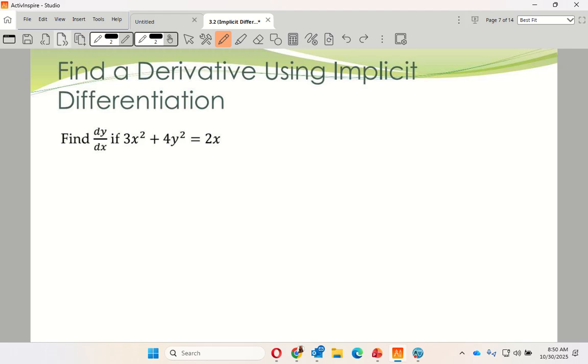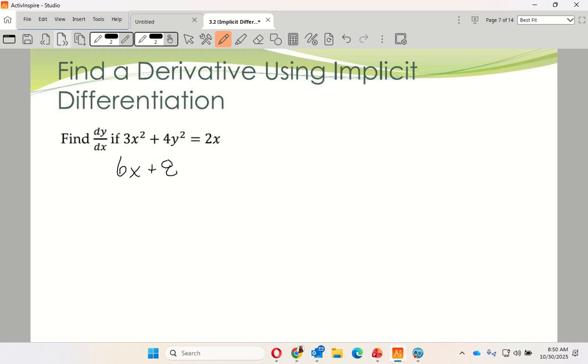Now, I'm going to go ahead and do the derivative of each of these. So the derivative of 3x squared is going to give me 6x. Very good, right? Now, take the derivative of 4y squared.